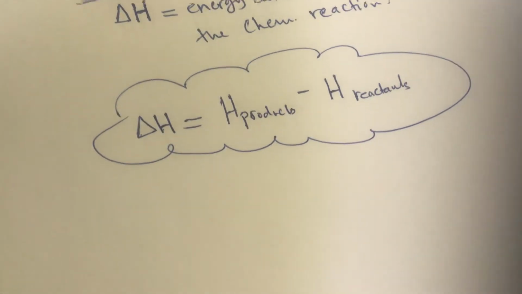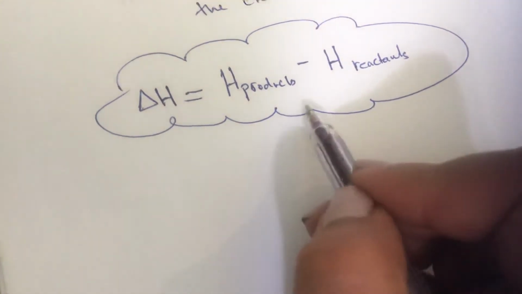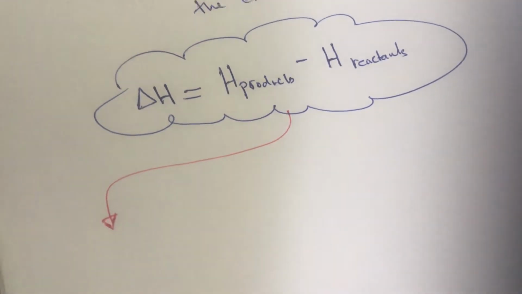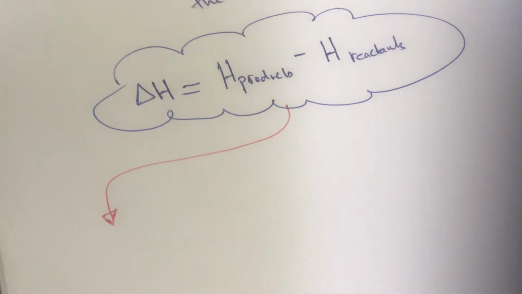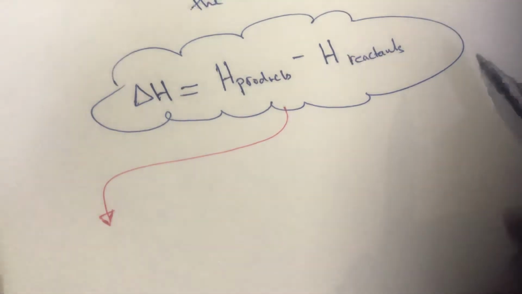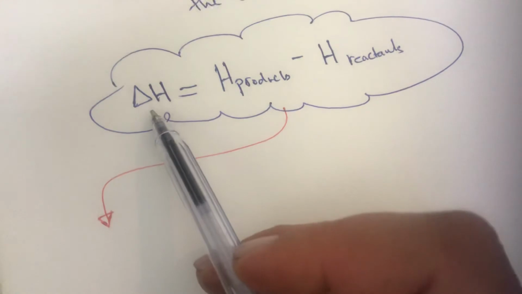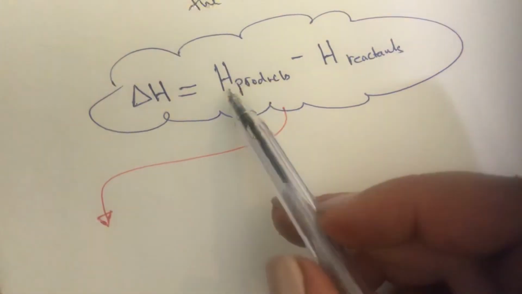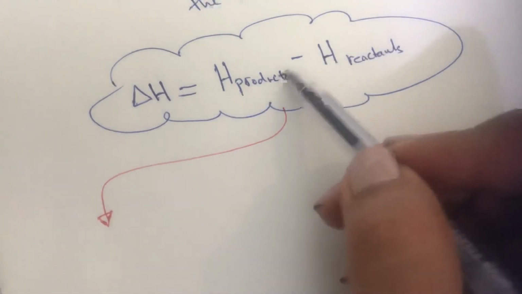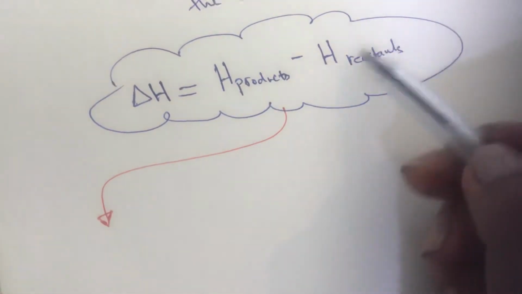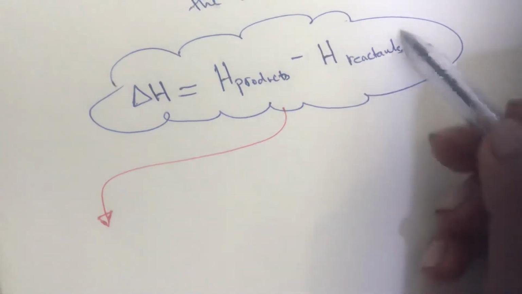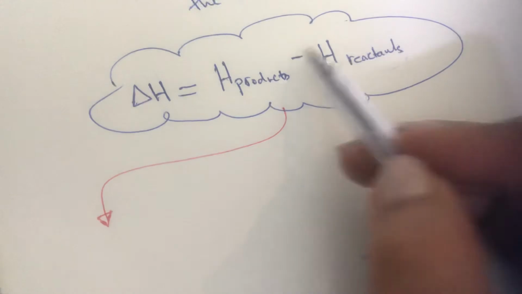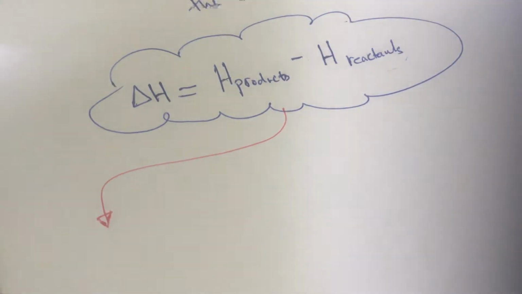So the rule: delta H equals energy of products minus energy of reactants. When the energy of reactants is greater than the energy of products, the answer is negative.